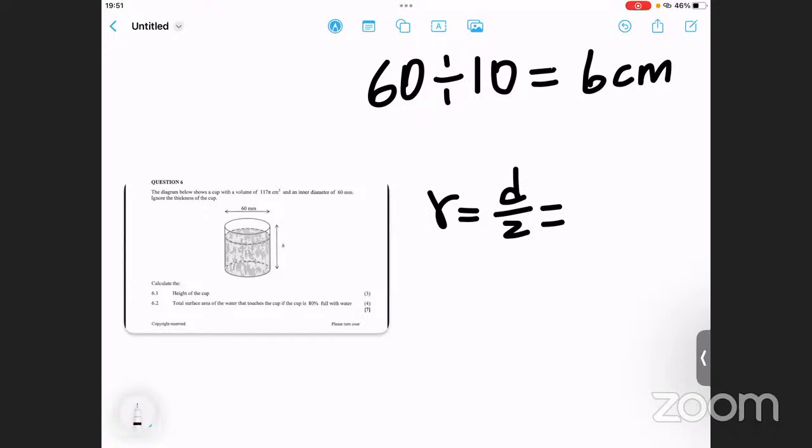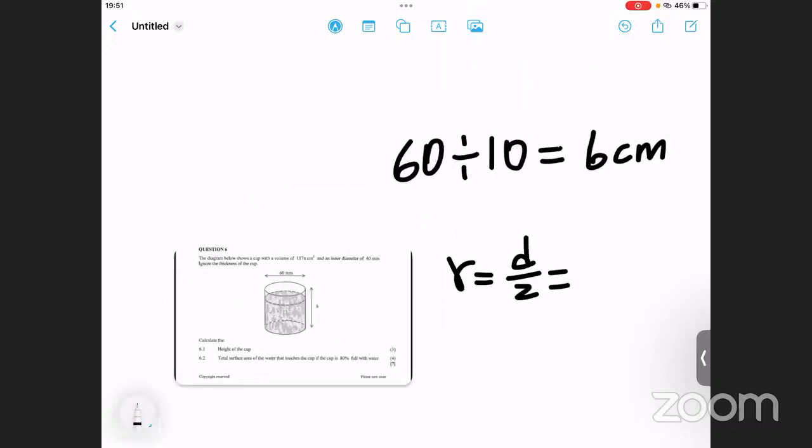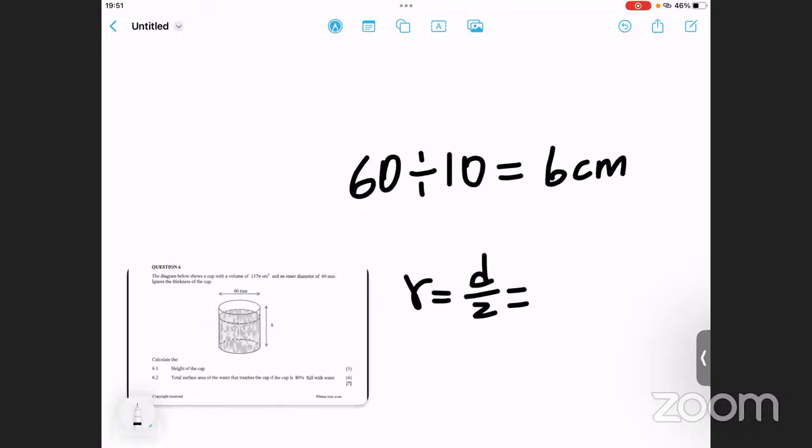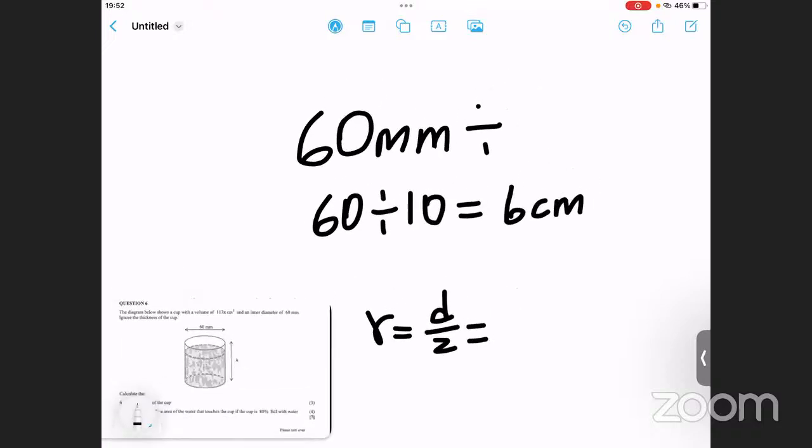But wait, honorable member, to move from millimeters to centimeters, are you sure we don't divide by 100? No, sir. It's always 10. Like on a ruler, you'll always see 60 millimeters, which is the same as 6 centimeters.